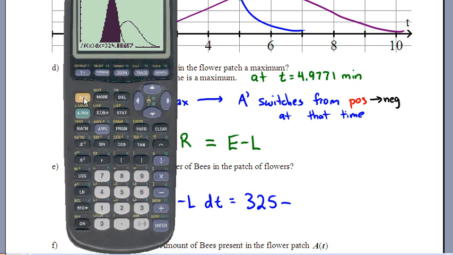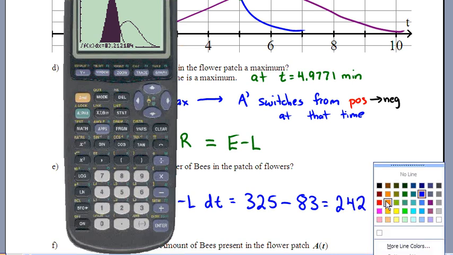And then the leaving ones. So calculator, please calculate. Number 7, I want to switch functions and say, okay, from time 0 to time 4.9771. I'm doing this because it's neat to see the number of bees that have entered and left. 325 had entered at that moment, and 83 had left, for a grand total of 242 bees still inside the flower patch.